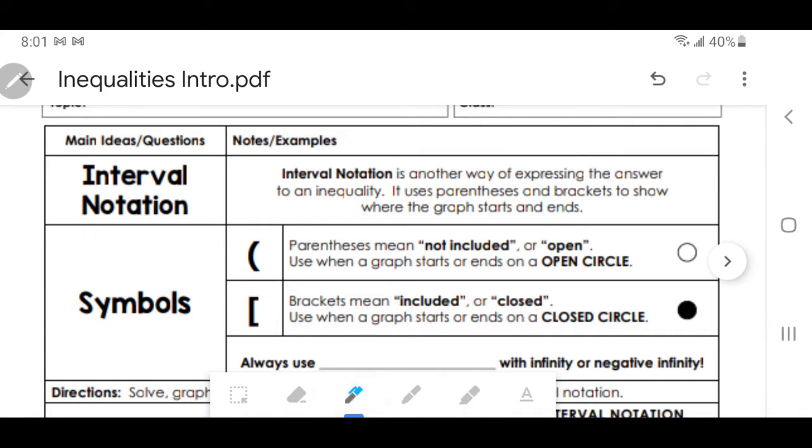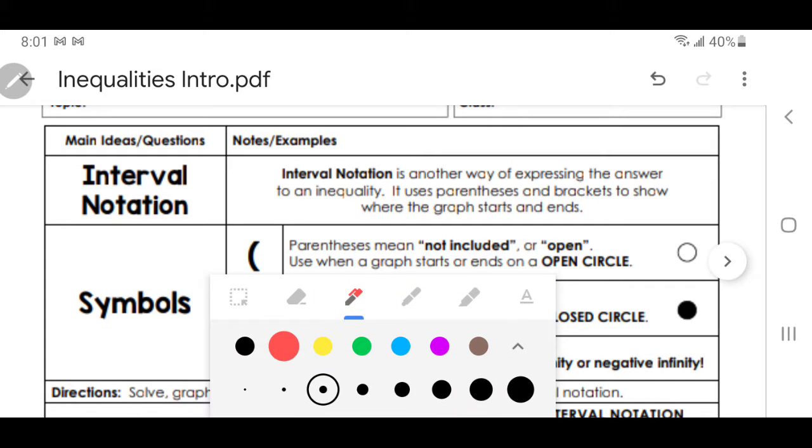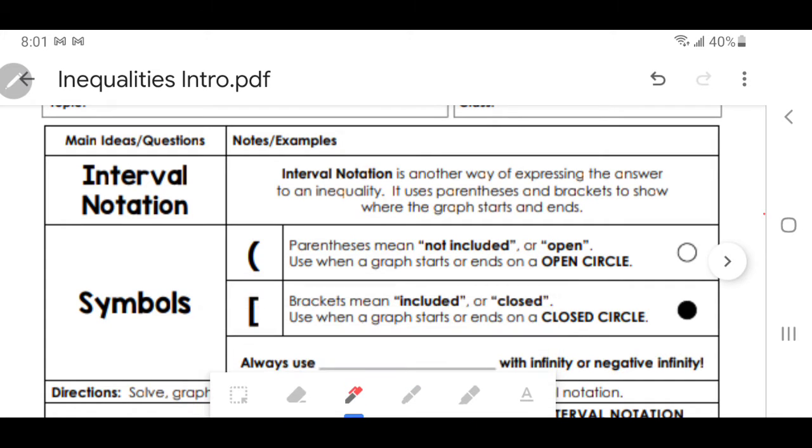Now, I want to remind you of one additional rule with inequalities that you don't see with an equation.